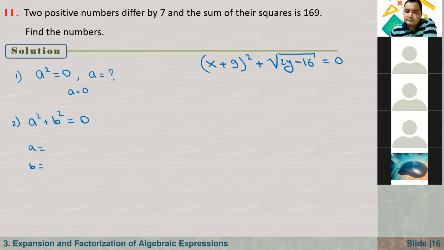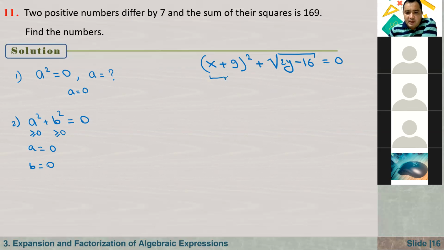Both of them are 0. Why? Because a squared is always greater than or equal to 0, and b squared is always greater than or equal to 0. If you are adding two non-negative numbers and their sum is 0, then each number must be equal to 0. That's an important point.